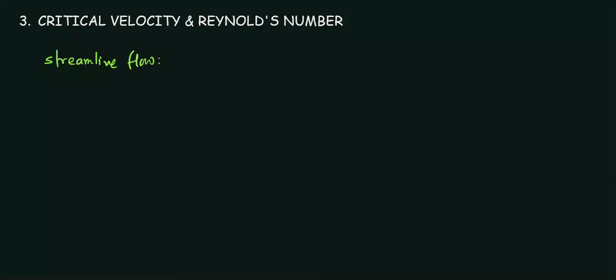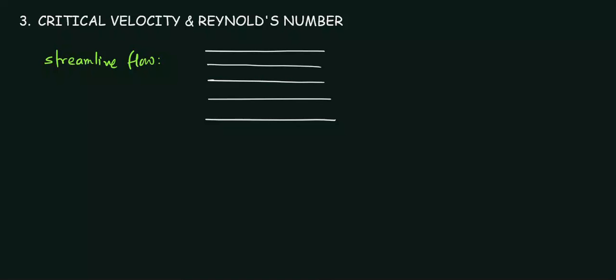In this kind of flow, the fluid particles move in layers. Let's say there are a few layers like this: layer 1, 2, 3 and 4.